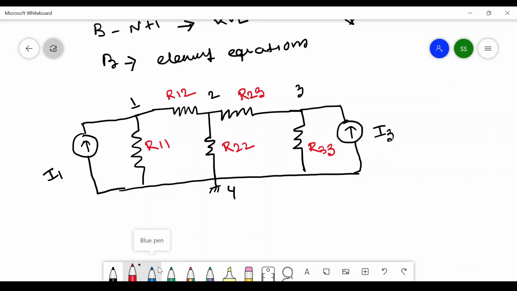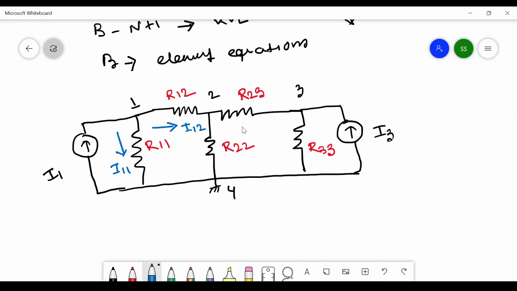Now let's say different currents going away from the nodes. Let's say this is I12, this is I11.